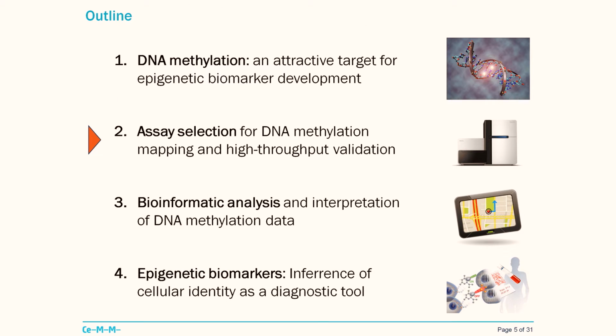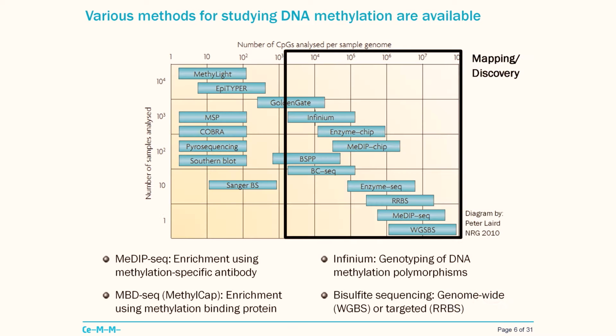Second part, let's look at which assays are available and what their respective strengths and weaknesses are. Peter Laird very nicely summarized the landscape of DNA methylation assays a couple of years ago in a review paper, plotting on the one hand the genome-wide coverage, with low coverage on the left and high coverage on the right, and on the other hand the cost structure and practicalities, how many samples you can realistically analyze.